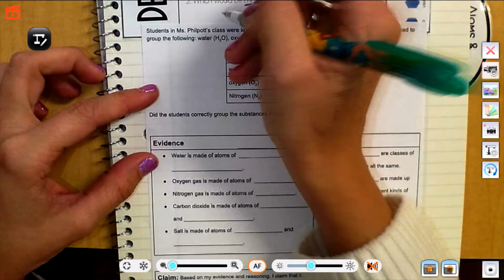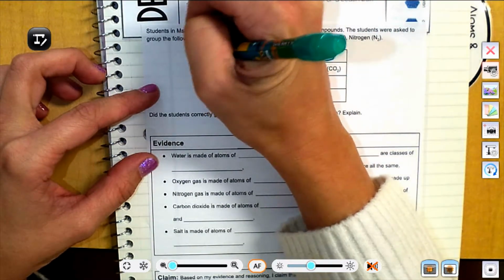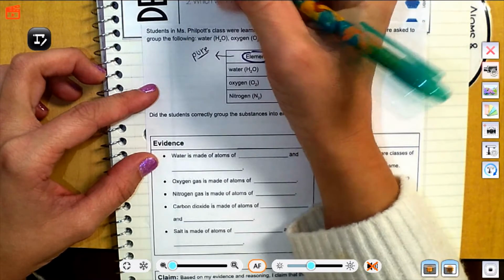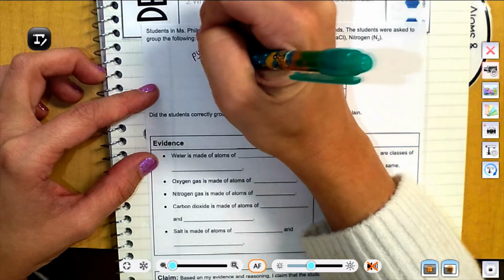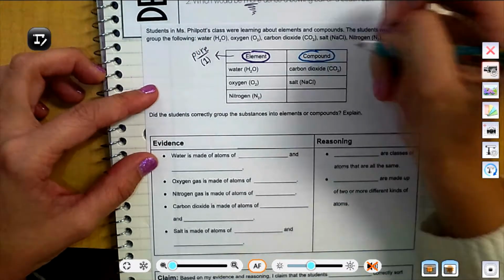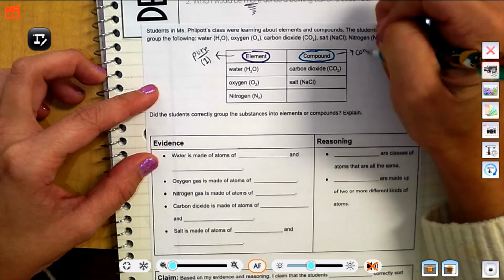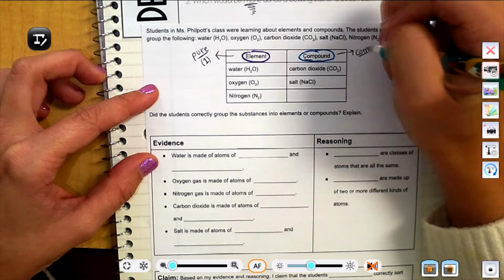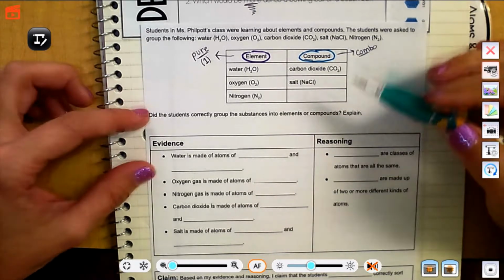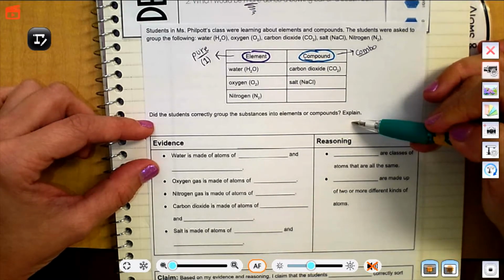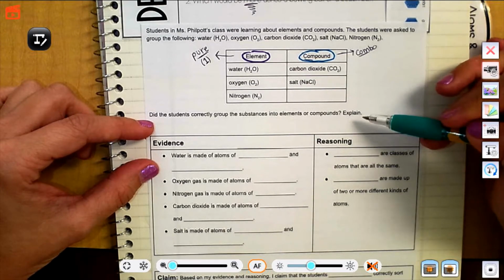Explain. So remember, elements are pure. You don't have to write this. It means they contain one type of atom. One type. And compounds are, we can remember that compounds is like combos, like a combo meal. It has more than one type. So I want you to here in a complete sentence explain if the students in my class correctly sorted them.